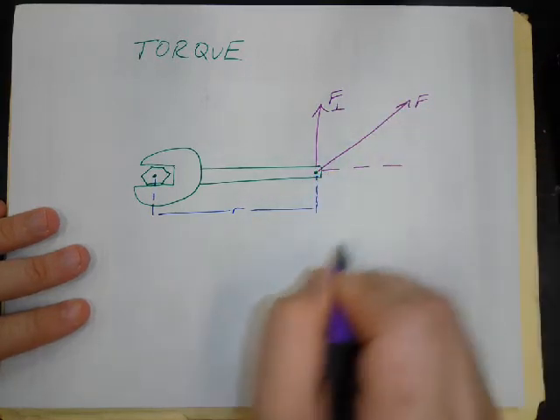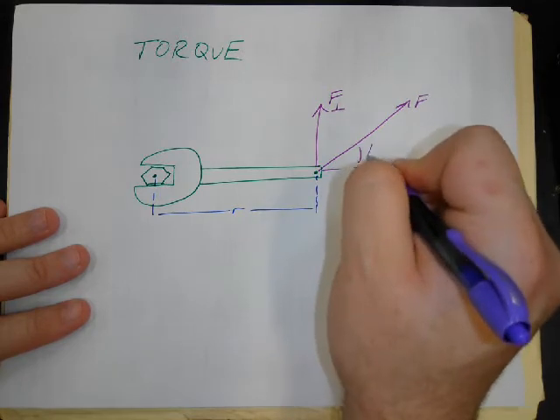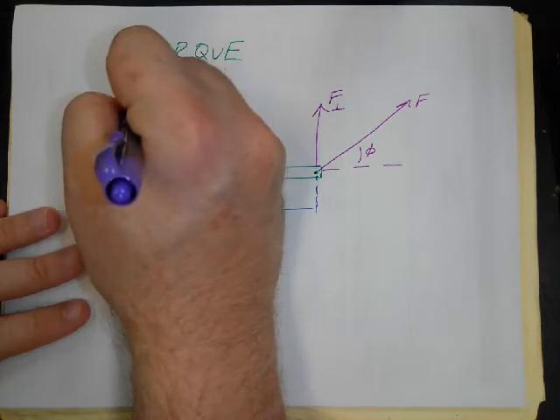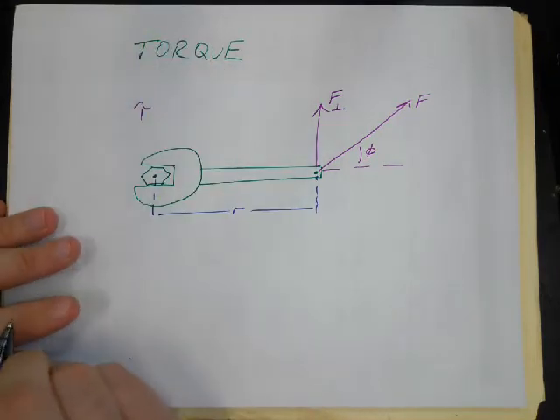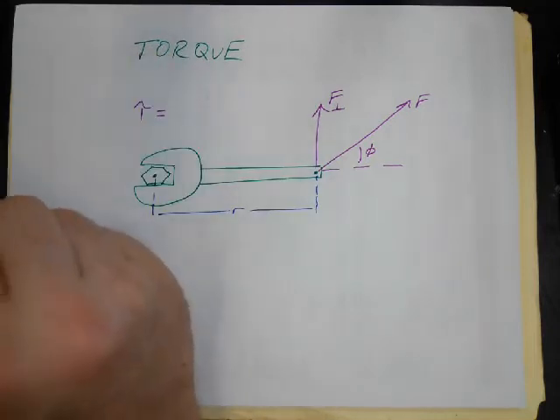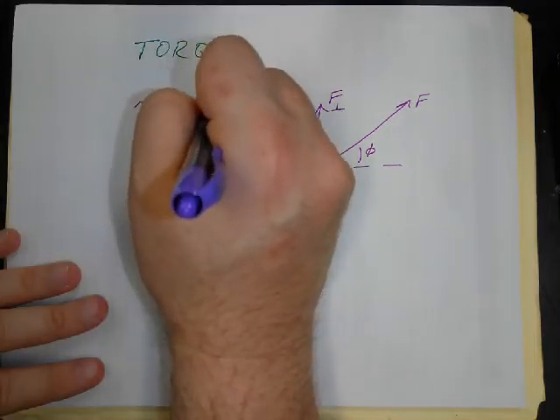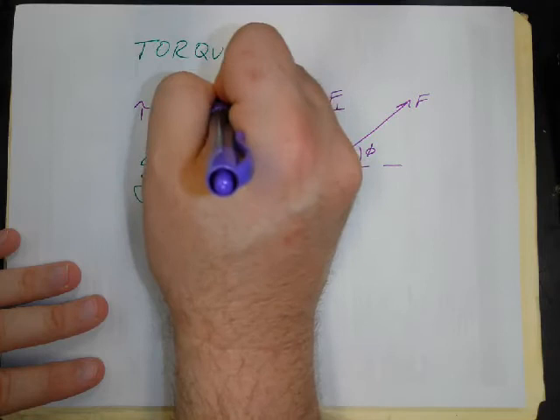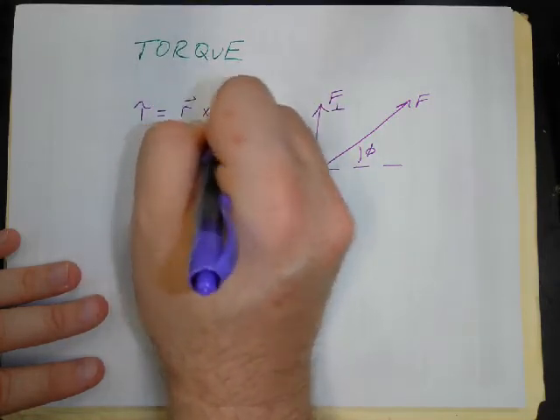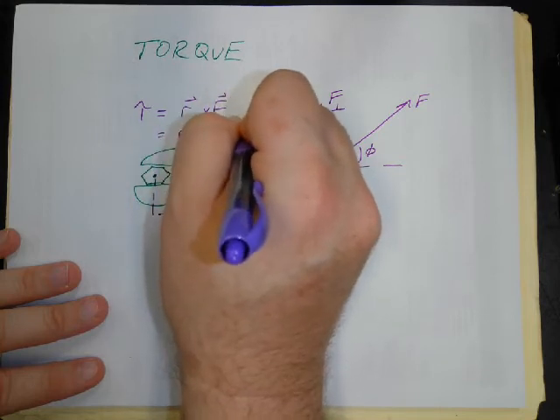There has to be some angle in here, which we'll call phi. And the torque is this funny looking little t, the Greek tau, which is R cross F, which is R times F times sine of phi.